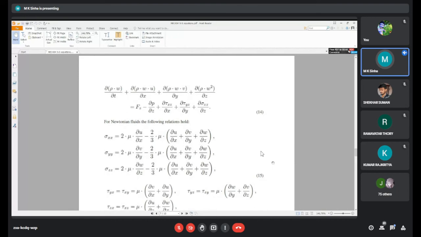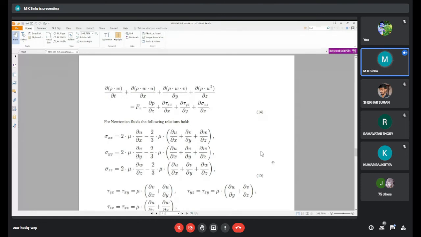Similarly, we can write sigma yy, acting along the y-axis normal to it, equal to 2 mu, where u is replaced by v, and the minus 2 by 3 mu remains the same. It has nothing but the continuity term. See carefully: del u by del x plus del v by del y plus del w by del z.